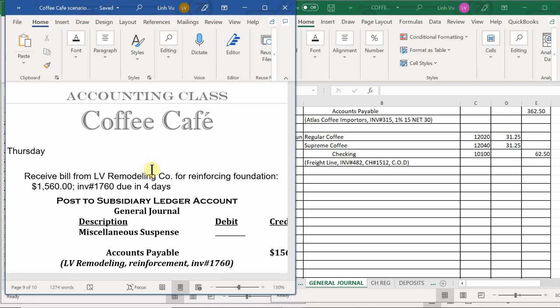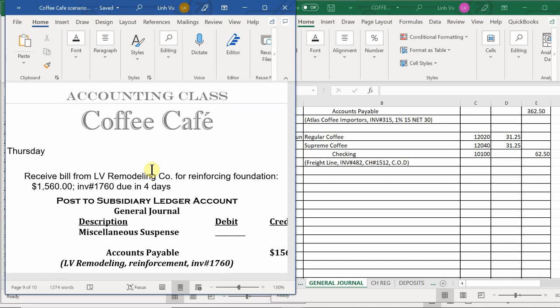Once it's completely ready for service, I'm going to move that into its proper account so I know how much my coffee grinder is in grand total. Because what if I buy another coffee grinder? I have to make sure I know how much my first coffee grinder cost. So I'm going to leave it in miscellaneous expense because there's work that needs to be done and we don't know the total cost.